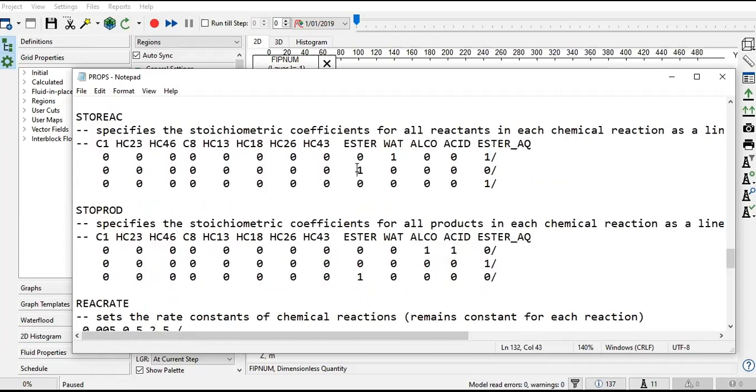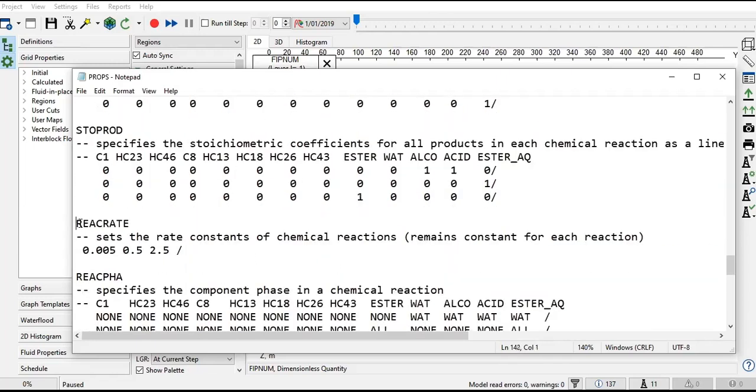And then here ester will be consumed and ester aqueous will be produced. This one, ester aqueous, will be consumed, hydrocarbon ester will be produced.